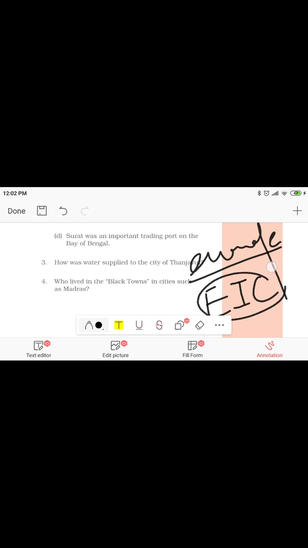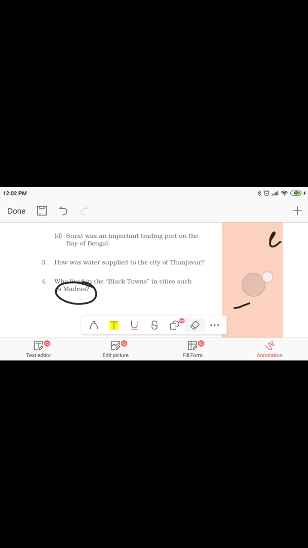And when they settled the East India Company, they lived there. They didn't want to live with the people of India. Why? Because at that time in Madras, the people were blacksmiths or pottery makers. They were not such big traders or businessmen as the Britishers were. So the Britishers didn't want to stay with the Indian people.